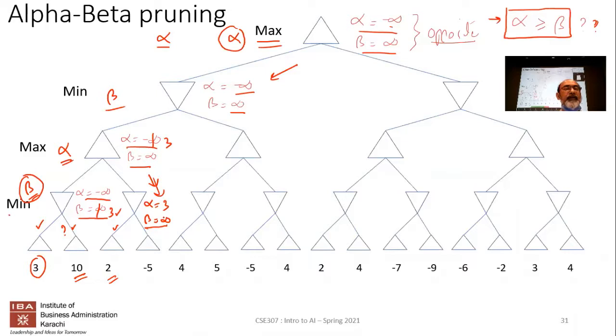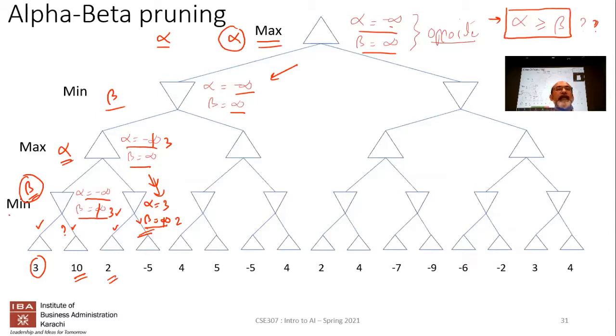Now beta is equal to 2. Now we see whether the condition is met: is alpha greater than or equal to beta? Yes, it finally is. In that case, we're going to prune this particular portion of the tree.